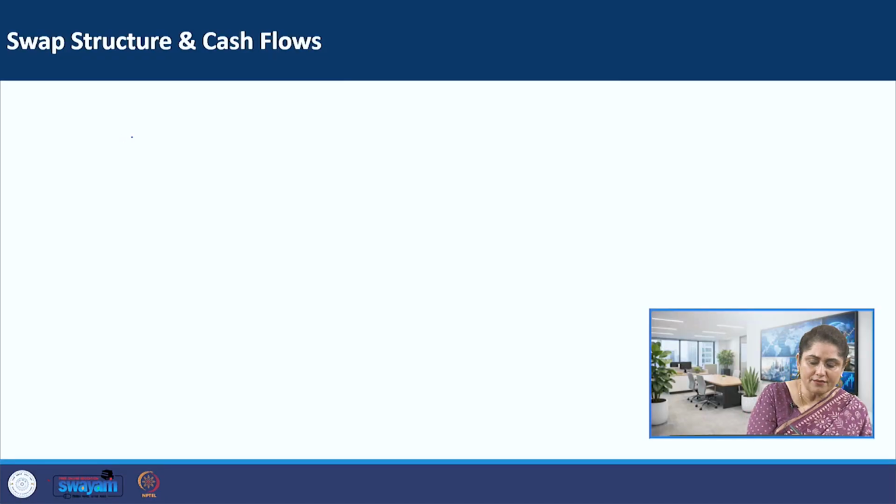Now, let us understand how the swap arrangement will take place, what is going to be the swap structure, and the cash flows. We know we have an American firm. This American firm is actually earning in euros. Why is it earning in euro?